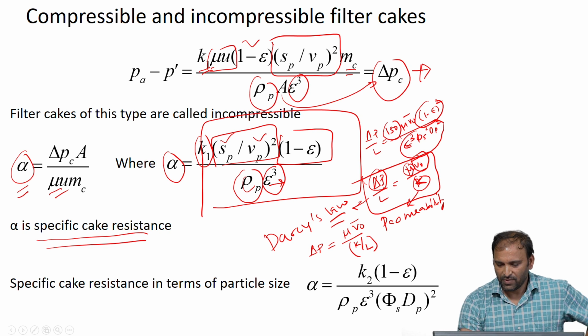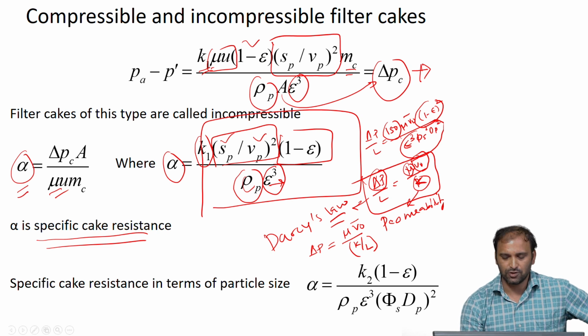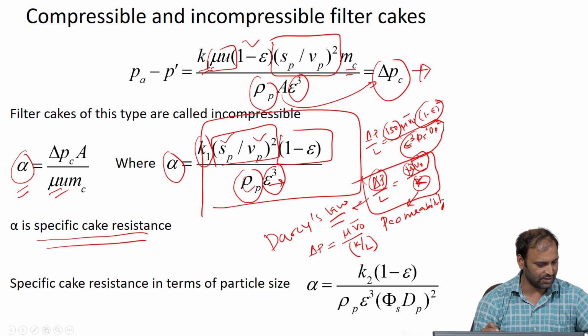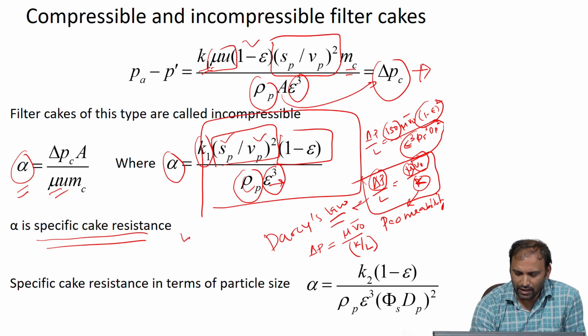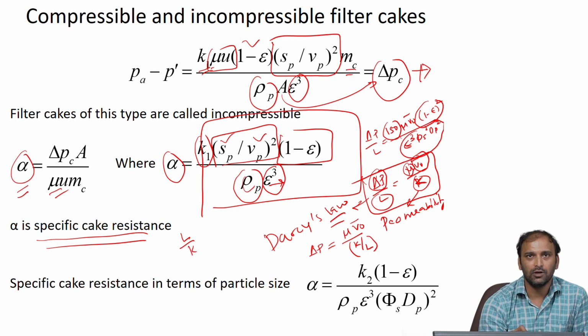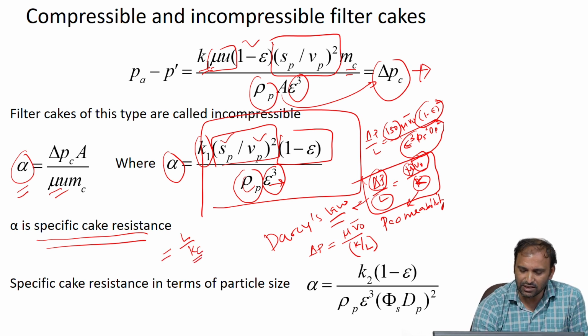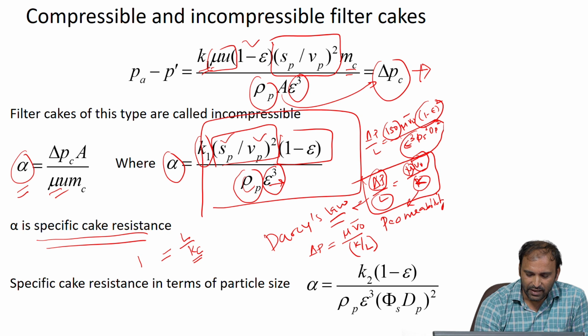Now what I can do is, in flow through packed beds, you define a resistance, okay, which basically goes something like this. L, the length of the packed bed, divided by this permeability. In this case, because we are talking about flow through the cake, I can write this as Kc, that is the permeability of the cake. That essentially is defined as some kind of resistance. I'm going to call it the resistance because of the filter cake, Rc.